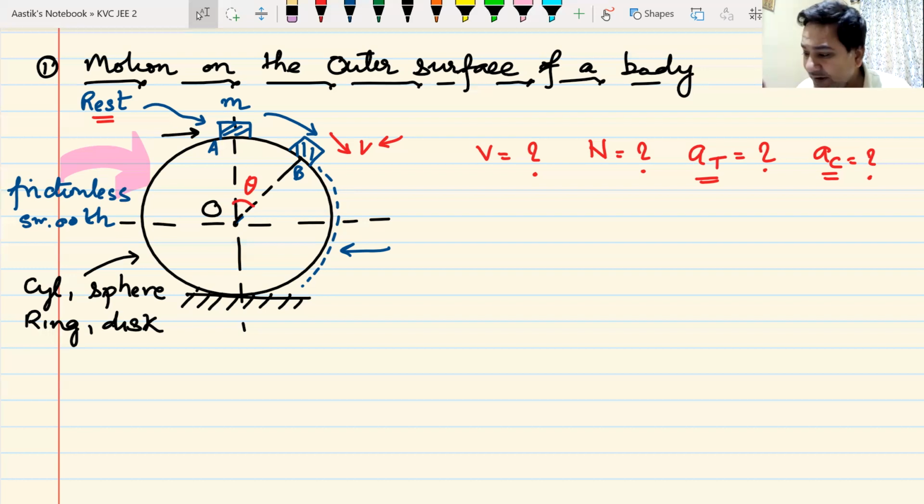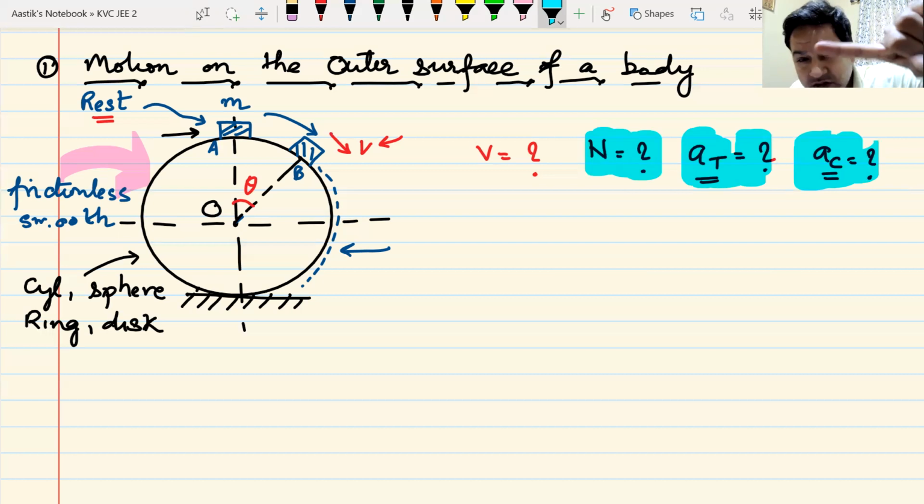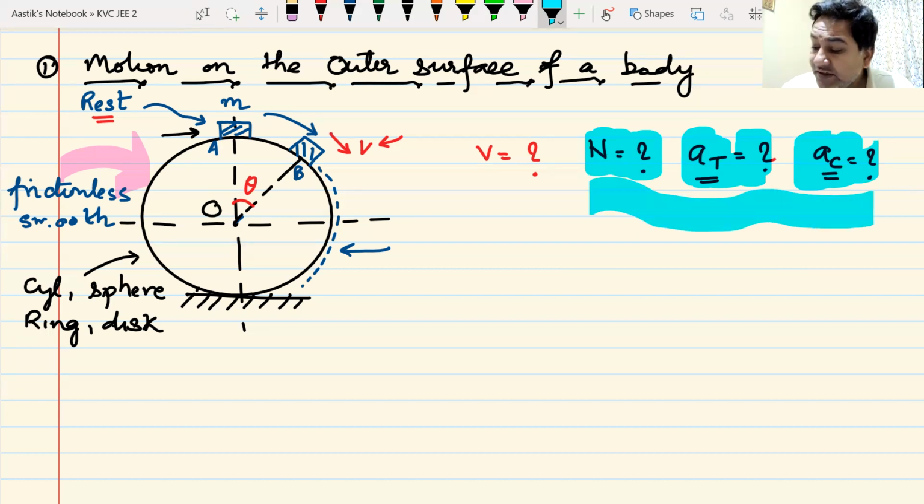But here I would like to add a reminder: whenever you are asked about a force, normal reaction is a force. Whenever you are asked to find the value of any acceleration, whether it is tangential or centripetal, all these questions about force and accelerations have to be solved using the equation of force dynamics.